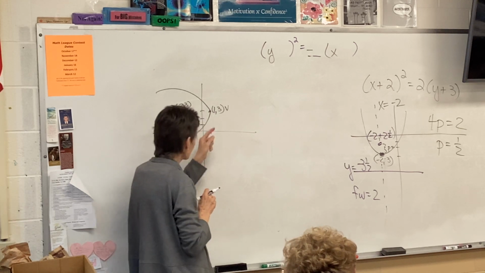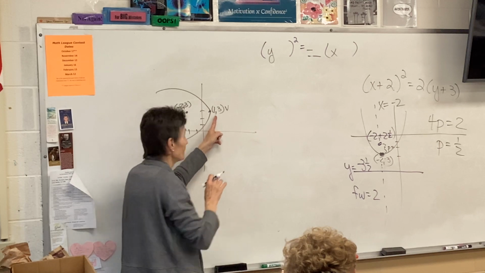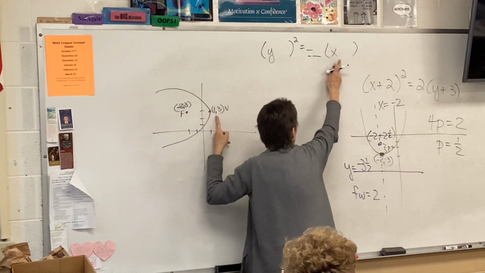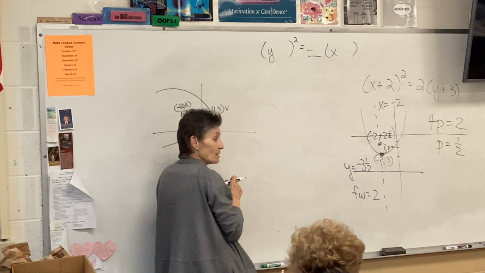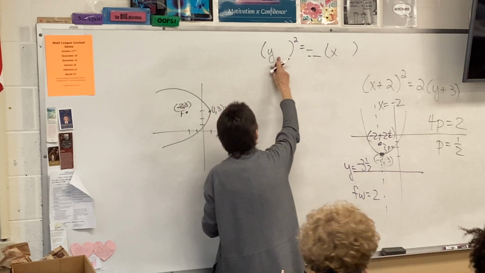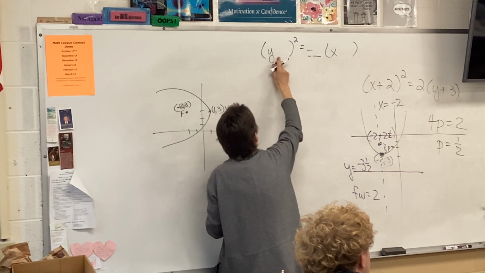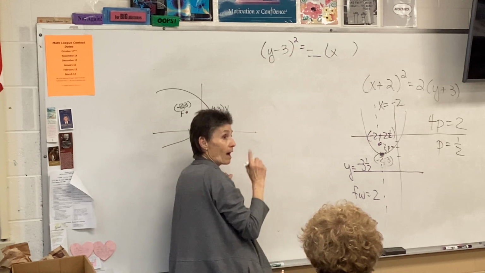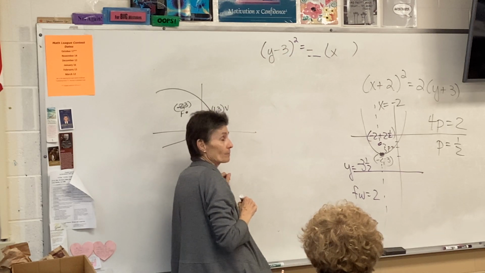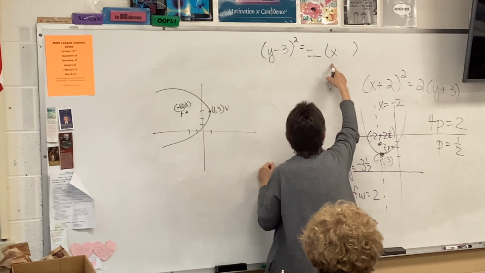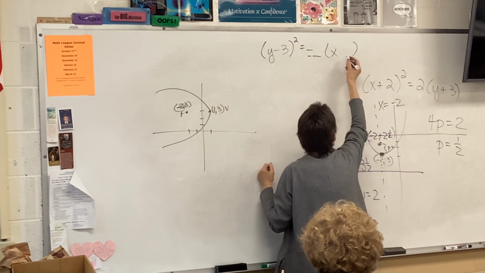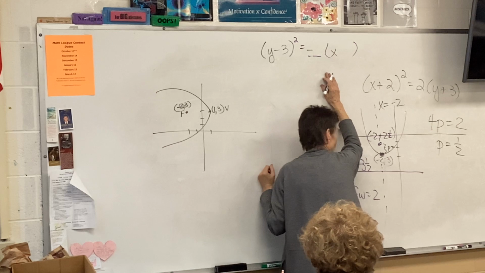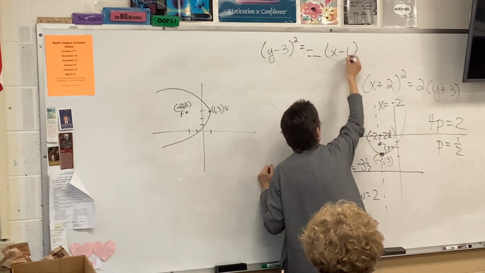Now, because I know the vertex, can I go ahead and fill in my parentheses? Okay, so what goes in the parentheses? What's gonna go here? Y minus 3? Isn't it opposite? And this is gonna be x plus 1.